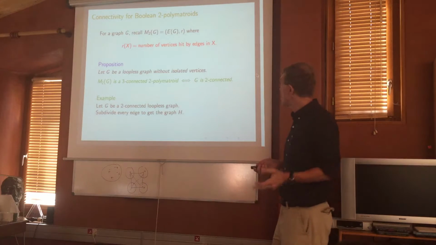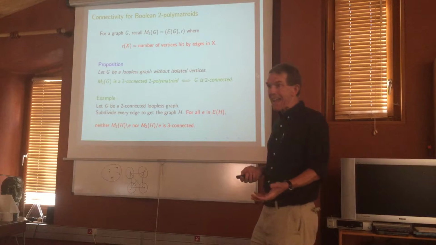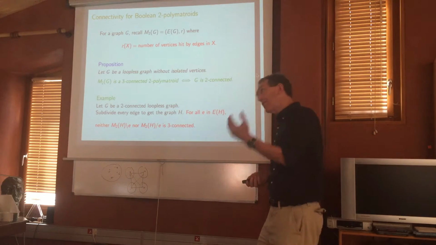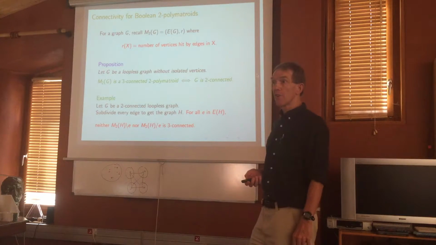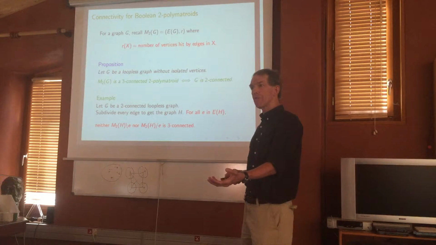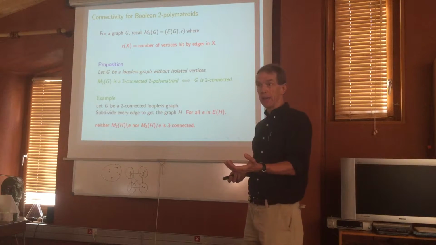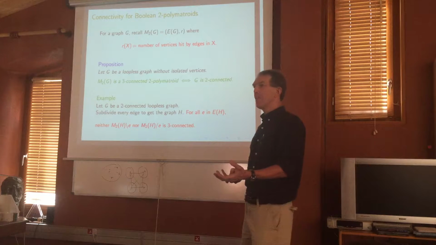Everything looks nice and happy. The problem is that for every edge, when you delete it, you're killing two-connectivity in the graph. When you contract the edge in the Boolean two-polymatroid, now that means you're going to have to boing, right? And when you boing, things go bad on you in terms of connectivity.